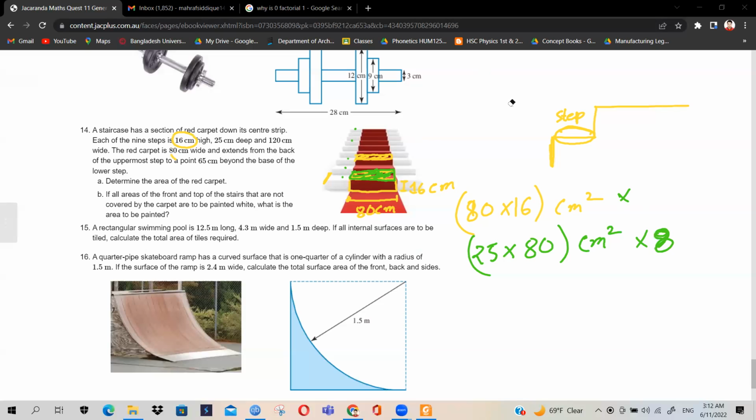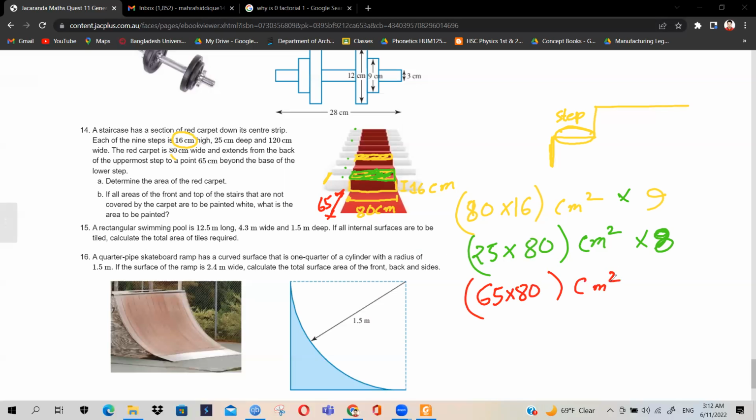All right. Let me write it with yellow. Just a second. 9. All right. Now, to a point 65 centimeters beyond the base of the lower step. So this particular value is 65 centimeters. Now you have to separately calculate another area, which is 65 times 8 centimeter square.